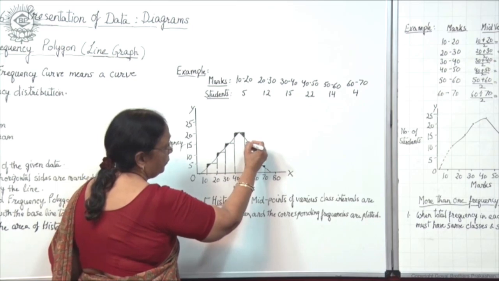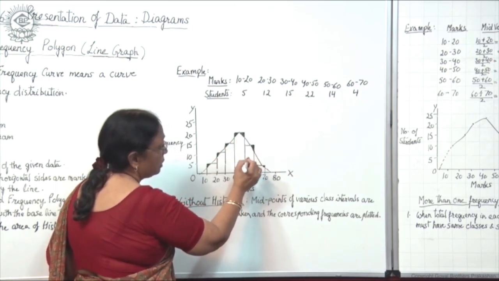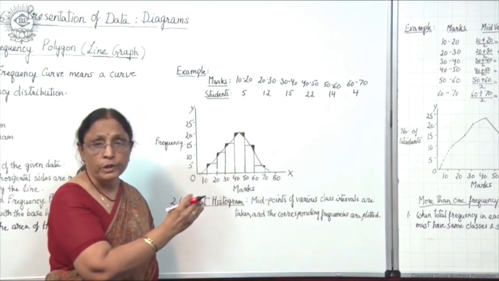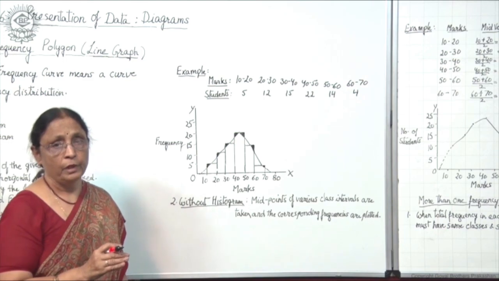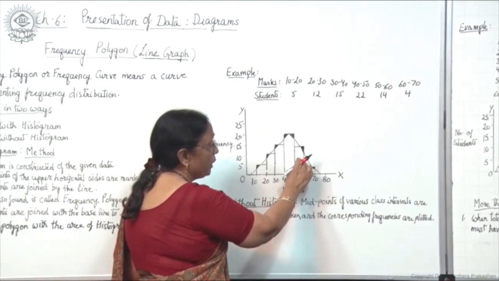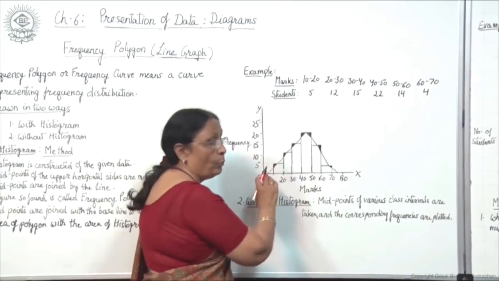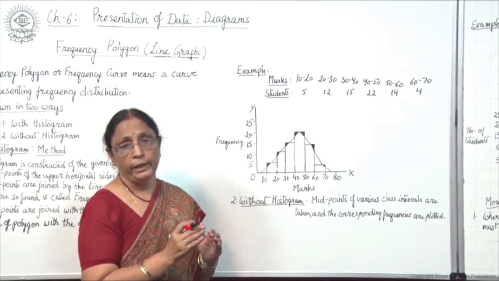And this area which is white here, this area is inside the frequency polygon, though it is not inside the histogram. So some area of the histogram you are excluding and some area of the frequency polygon you are including. So this will equate the area.